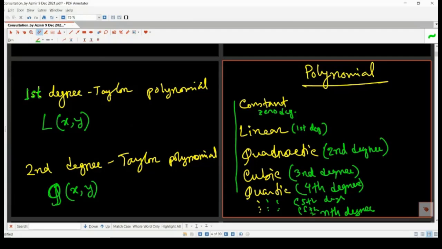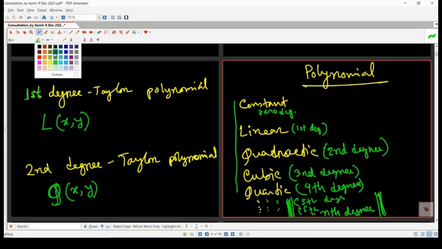But for fifth, sixth, seventh, or in general nth degree polynomial, for these higher order ones there is no specific name. We call them by the degree of the polynomial, like nth degree, or say fifth degree, sixth degree.